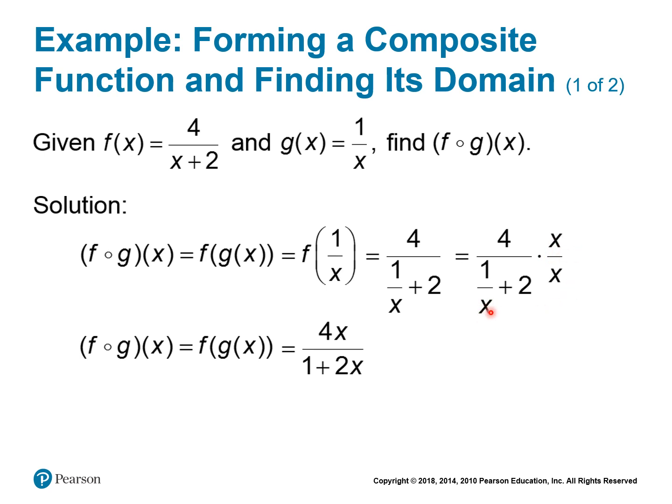So over here, this is the denominator we want to get rid of. In this case, the least common denominator is x, right? So let me just use my pen here. All right, so we have 1 divided by x plus 2.